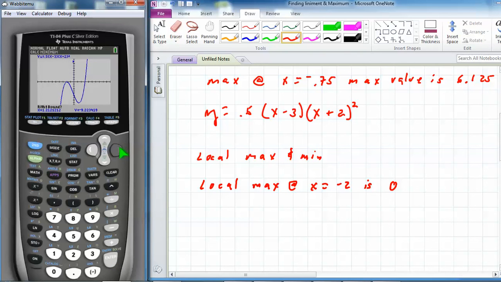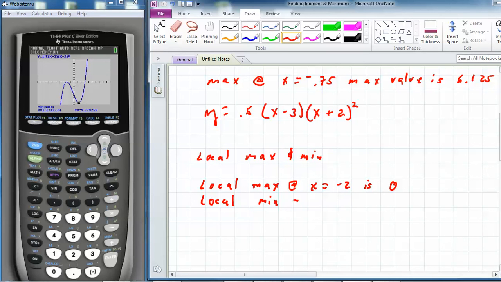Right bound, we want to be to the right of it, enter, and we hit enter once more, and we find the local min is at x equals 1.33, and the value is -9.259, and so on. All right, this is a brief explanation on maximum and minimum values.